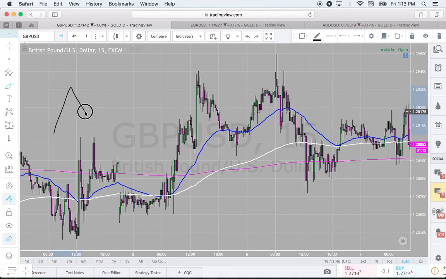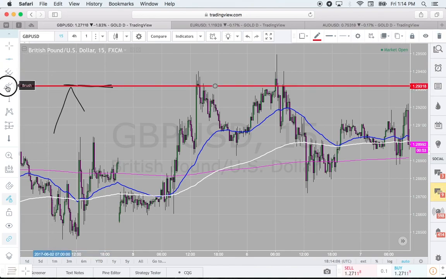The dealer comes up, makes that high, and then that pre-created high, the retail traders will start to place their trend lines at this level, right? And then at that high, the dealer will work off that high, come up, and then spike to the high, and then shift down, creating that M structure.